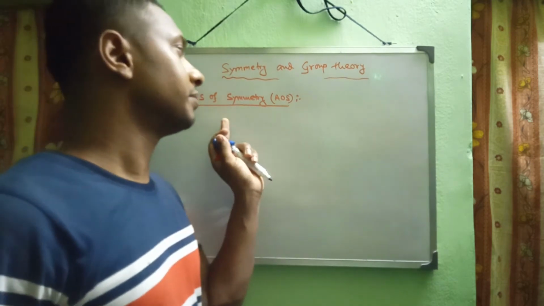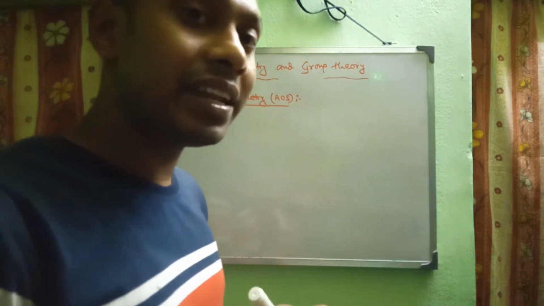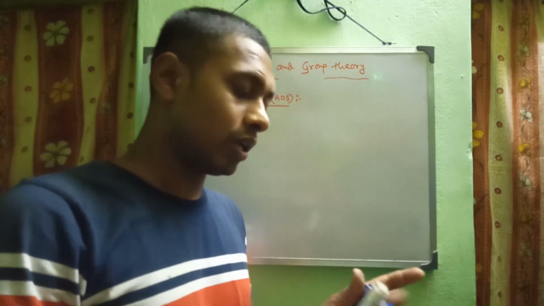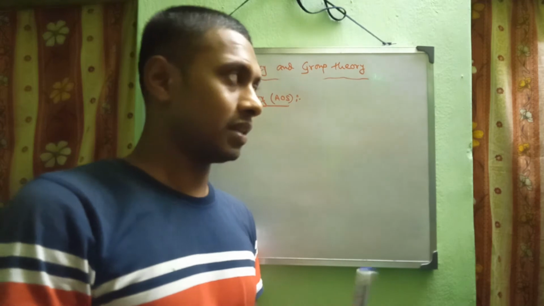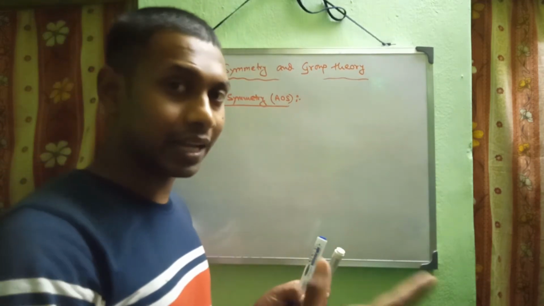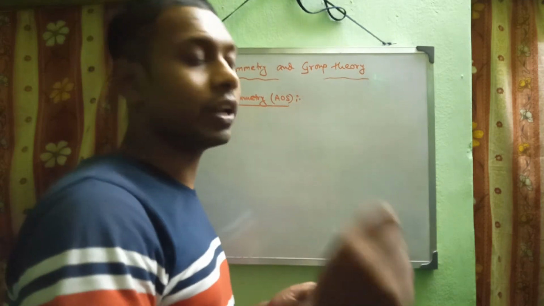An axis of symmetry is an imaginary axis passing through a molecule such that if we rotate the molecule by a certain angle about this axis, we get an equivalent configuration.